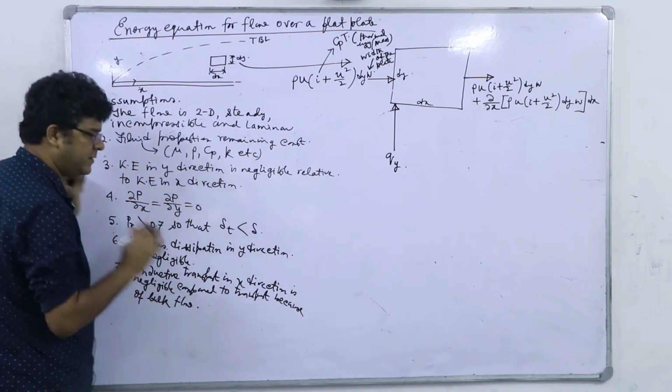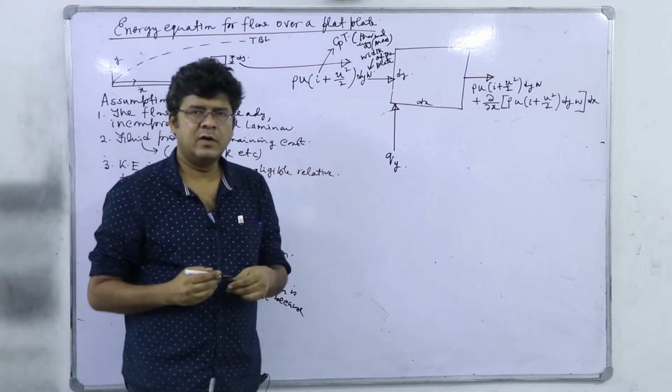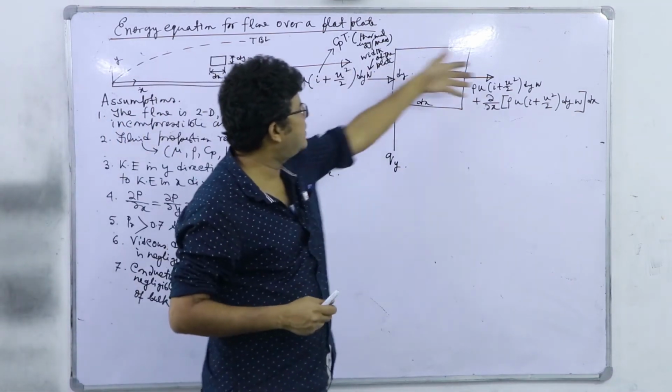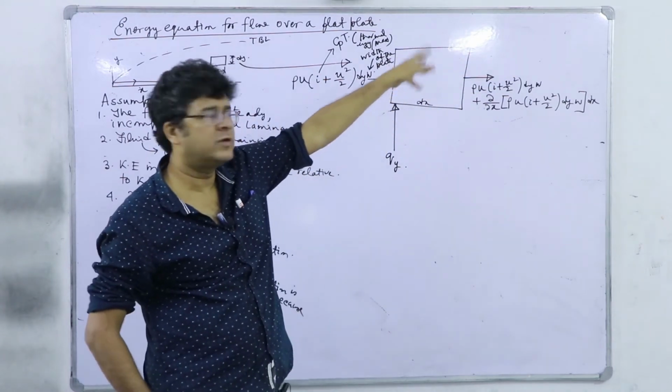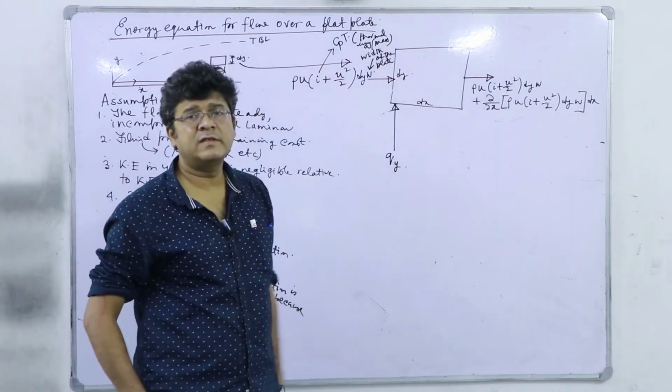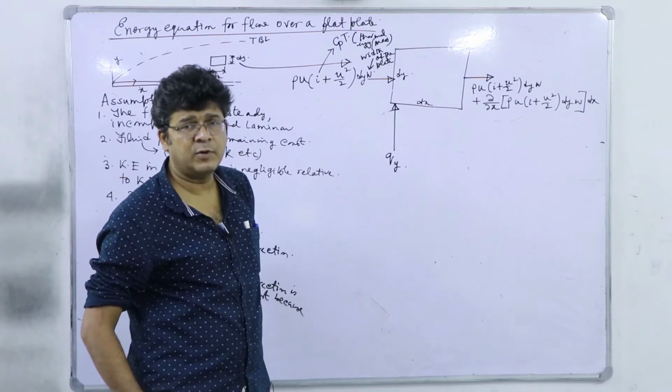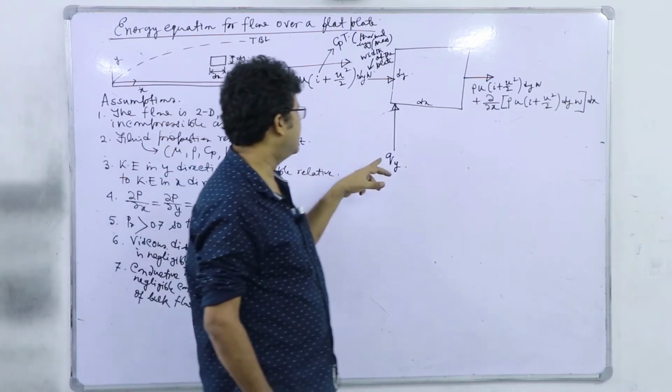See, the flow is basically horizontal. So in the x direction the conductive transport must be negligible compared to this convective, or bulk flow based, transport of energy.